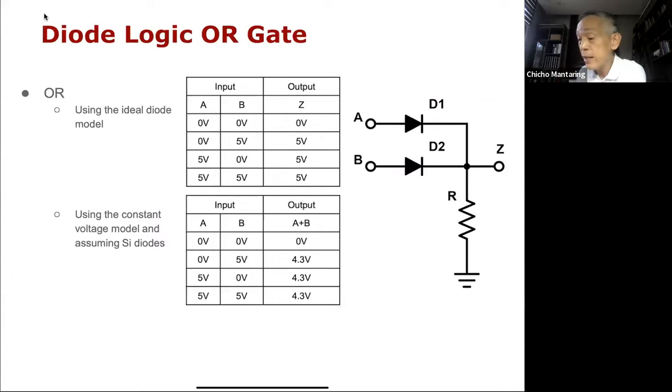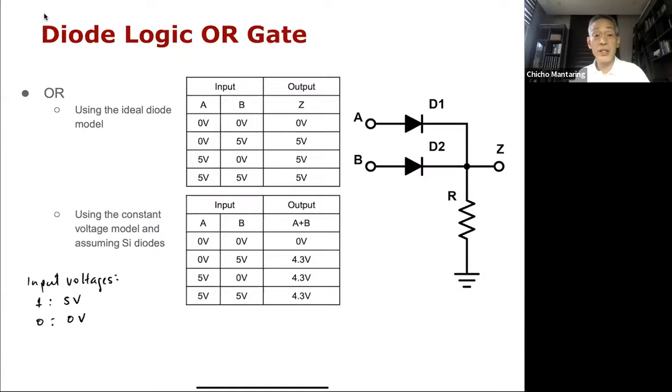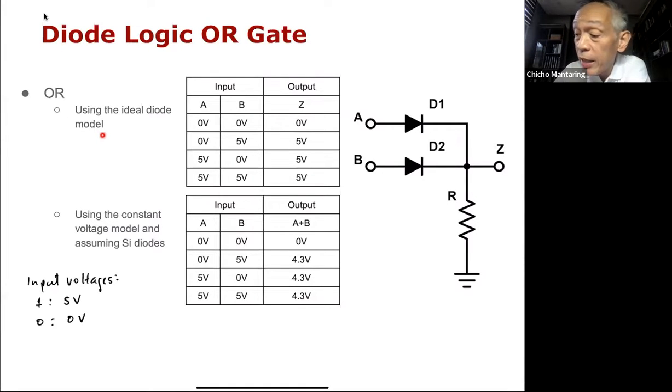Let's say my 1 is 5 volts and my 0 is 0 volts. If we were to use the ideal diode model, then this is going to be my output.